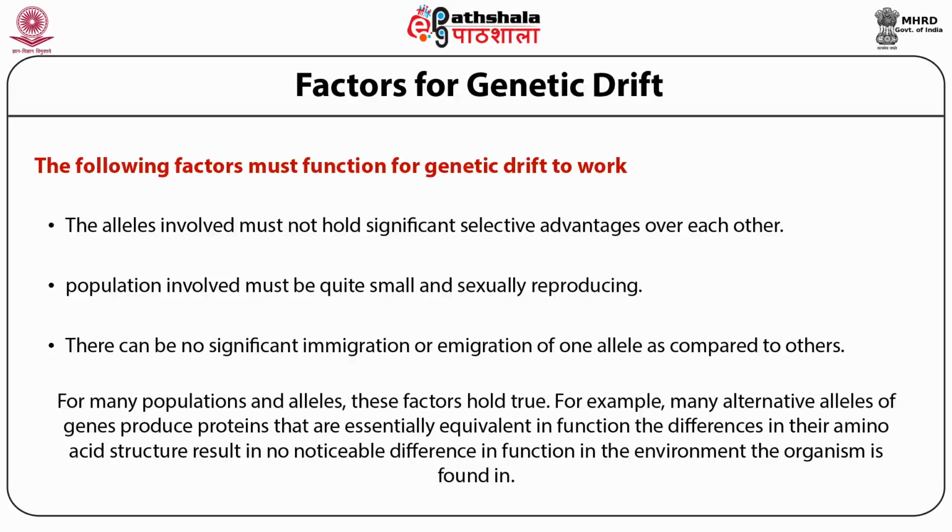As a population gets smaller and smaller, it becomes increasingly likely that alleles might change in their abundance in the offspring as compared to the parents. Genetic drift works the same way. One allele or the other increases simply by chance in a small population.